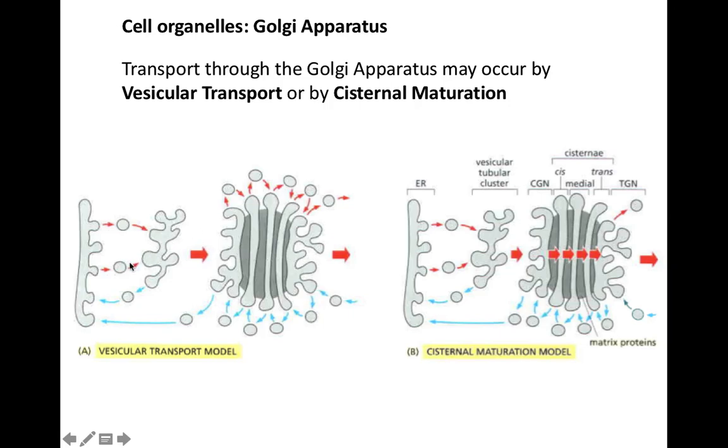When proteins are received from the ER in the Golgi apparatus, during their movement from the cis end towards the trans end, these proteins are matured. So different types of processes take place here, like we have discussed: sorting, tagging, and then transportation. Sorting and tagging take place inside the Golgi apparatus during their movement from the cis end towards the trans end.